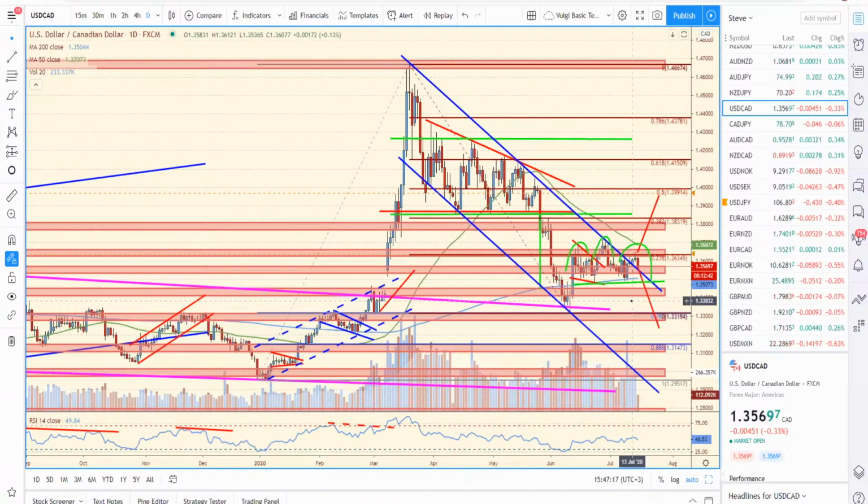Second of all, in general, you'll notice here that the Canadian dollar has been appreciating as crude oil has been appreciating as well. I remind you, this is a chart of USD CAD. So, when the Canadian dollar strengthens, USD CAD moves to the downside.